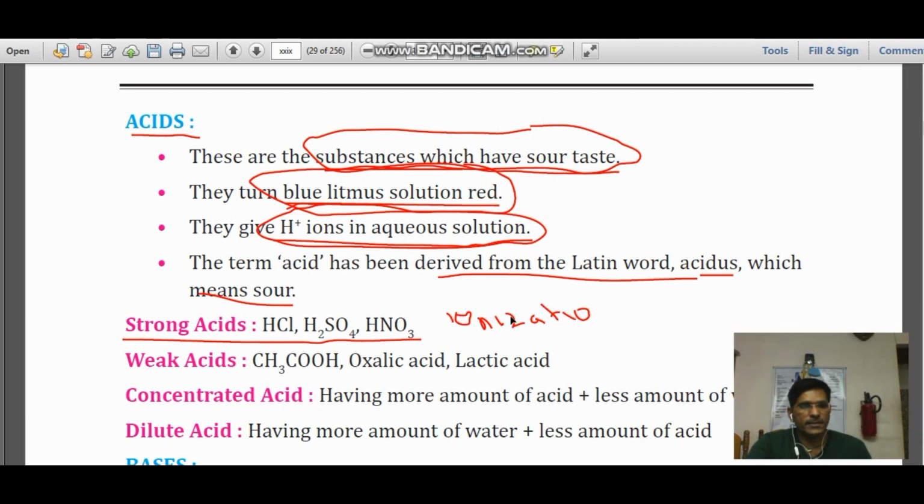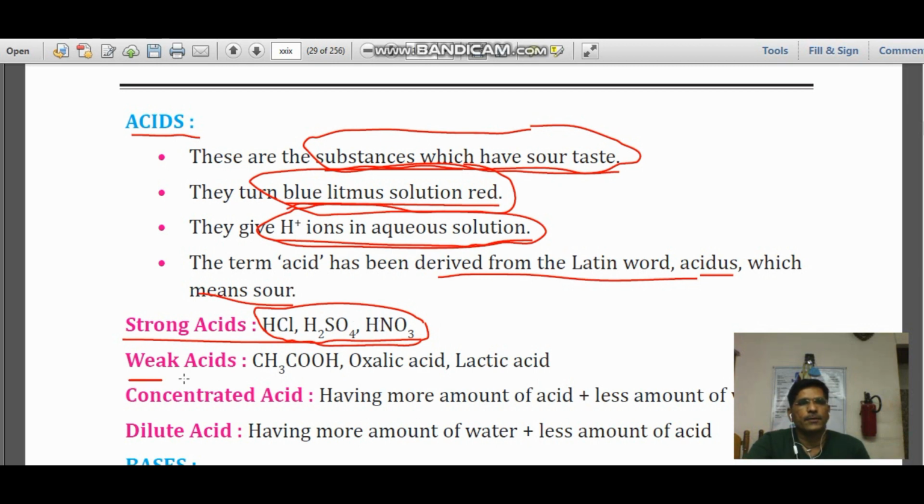It is also called laboratory acid. In the laboratory we use this acid either concentrated or dilute. Examples: HCl, H2SO4, HNO3. HCl is called hydrochloric acid, H2SO4 is called sulfuric acid, and HNO3 is called nitric acid.